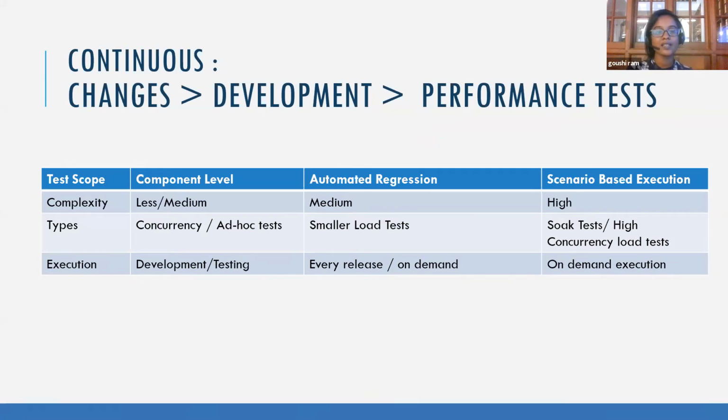What I mean by less or medium is here we can execute tests like checking the concurrency, the data population, even authorization. Like if one user is accessing and one user's authorization is used multiple times, or if multiple users' authorizations are used. So likewise, the individual component level performance tests are conducted at this stage.